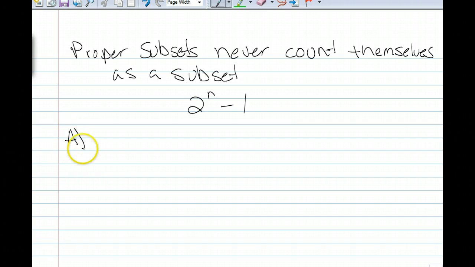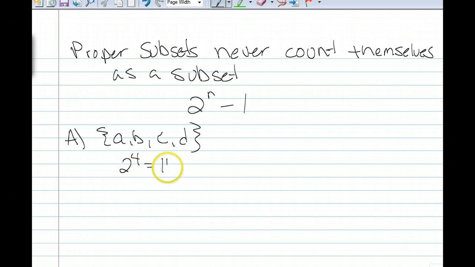So here I have a set of A, B, C, and D. Okay? So if I were looking at this as a regular subset, how many elements would I have? How many subsets would I have? Nope, 2 to the 4th. So that would be what? 16, right? Okay?